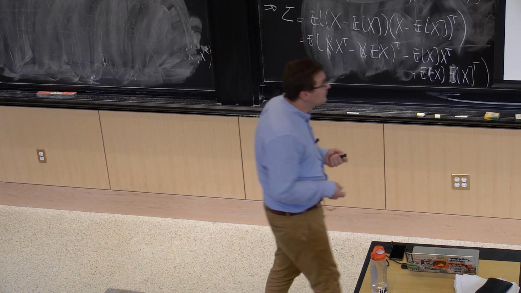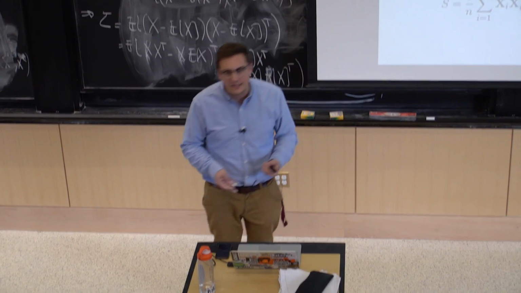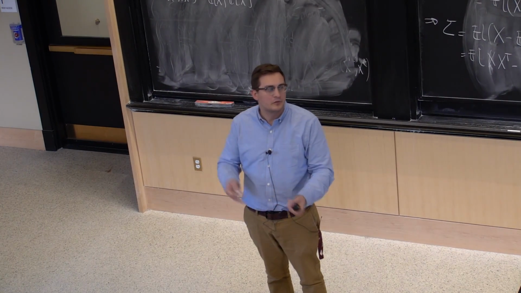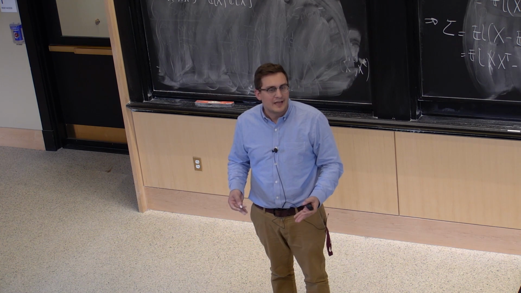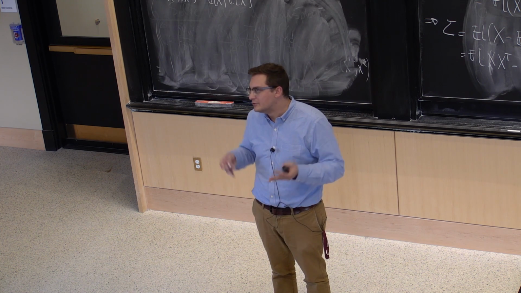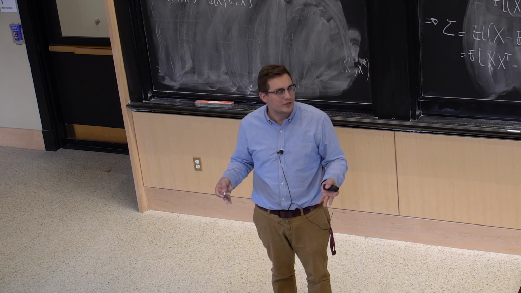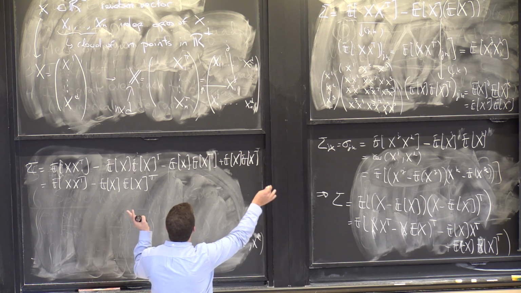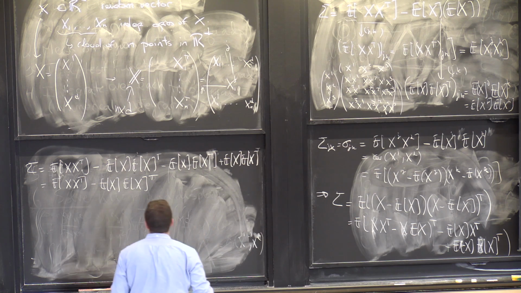All right, so if I want to understand what my covariance matrix looks like based on data, I'm going to have to form its empirical counterparts, which I can do by doing the age-old statistical trick, which is replace your expectation by an average. All right, so that's just everything that's on the board. You see expectation, just replace it by an average.